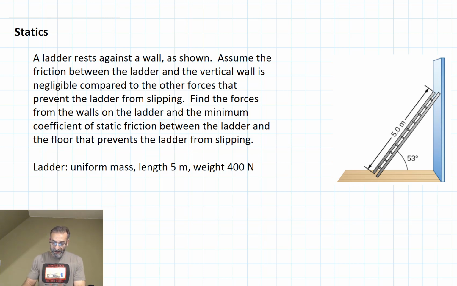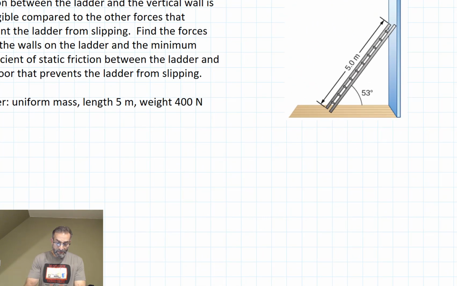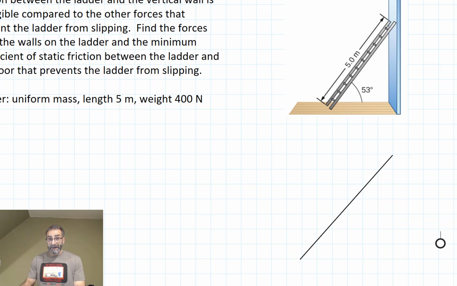And the first thing we like to do with a statics problem is draw a free body diagram. So there's my ladder, and I ask myself, what's touching the ladder? Well, the vertical wall is touching the ladder. Because we're ignoring friction with that wall, it only has a normal force acting on our ladder.